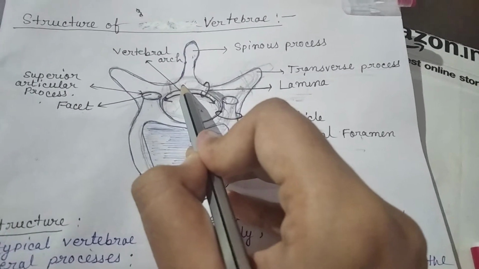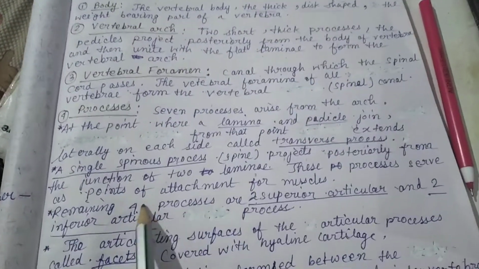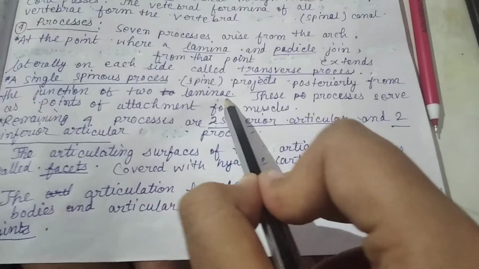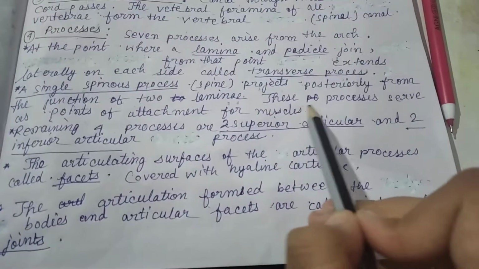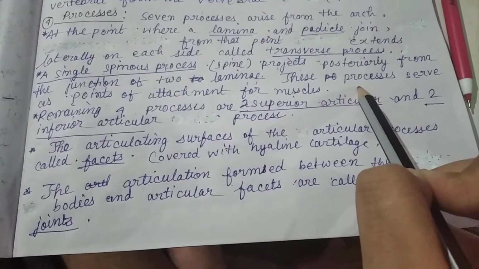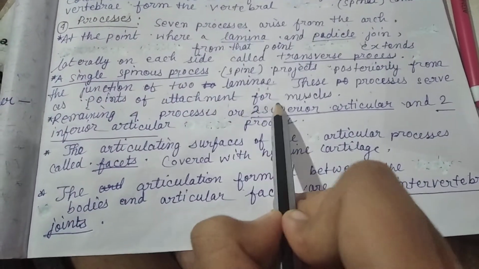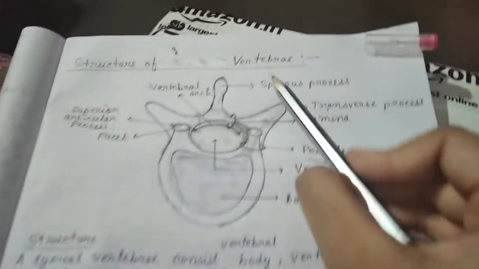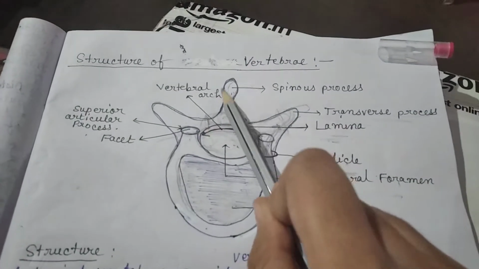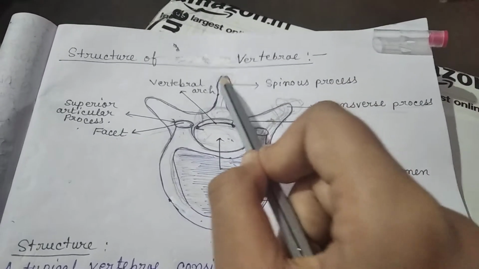From this junction, the spinous process arises. These processes serve as points of attachment for muscles. The transverse processes and the spinous processes give attachment to the muscles.